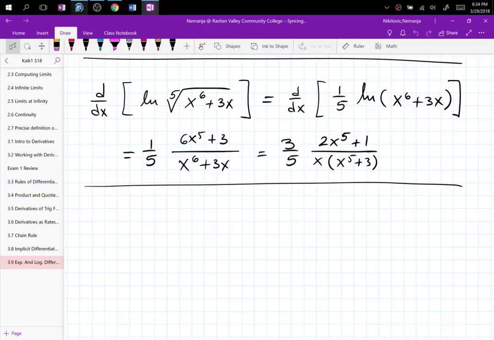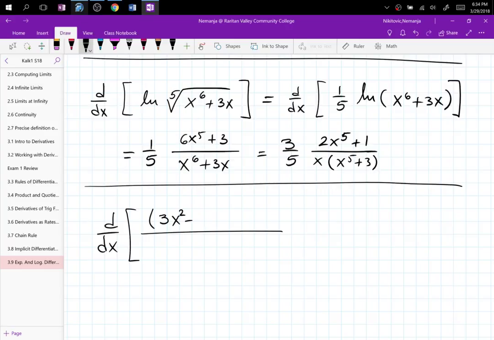So now, let's take a look at the derivative of 3x squared minus 1 raised to the 6th power times the cube root of x to the 5 plus 2, everything divided by 3x to the 4th minus 1, everything to the 4th power.